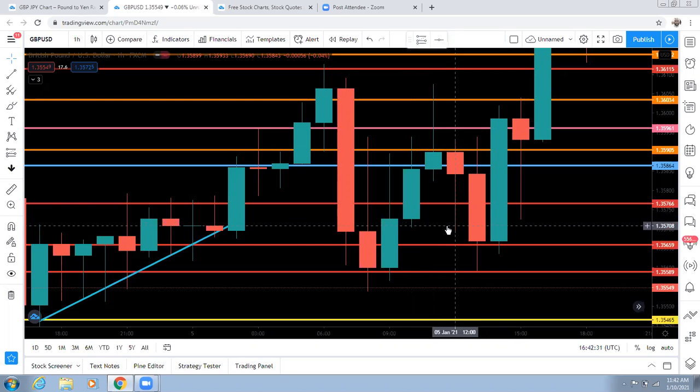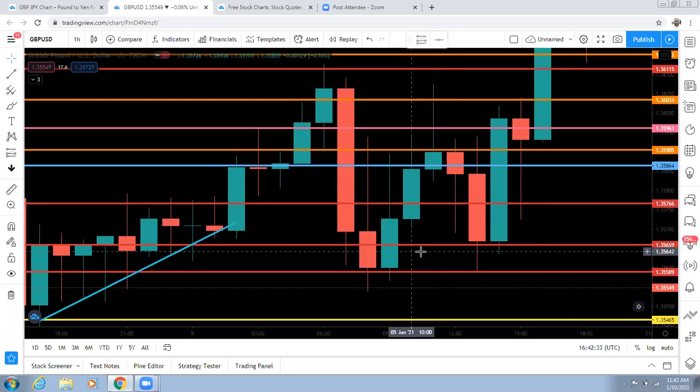You need to trade with a pip goal in mind, not try to see how long you can stay in the trade.